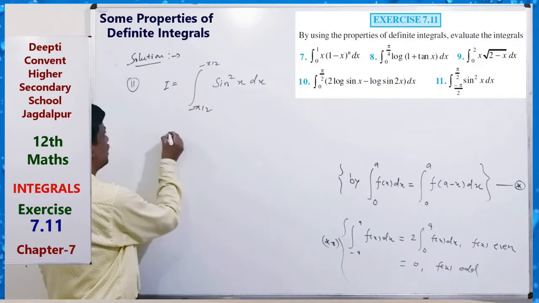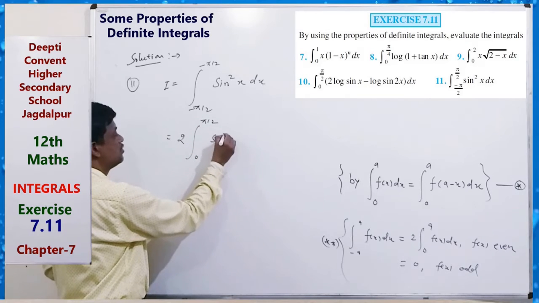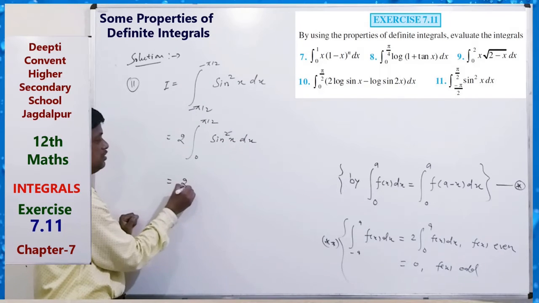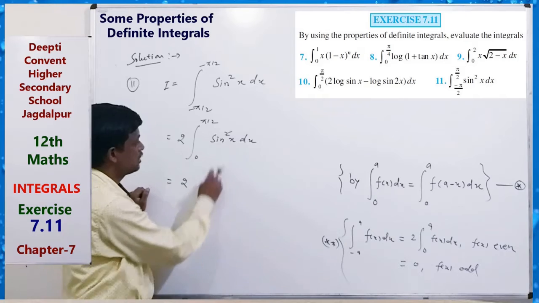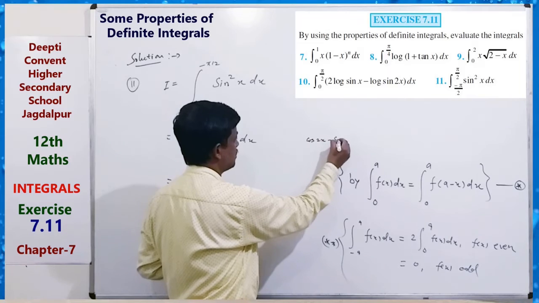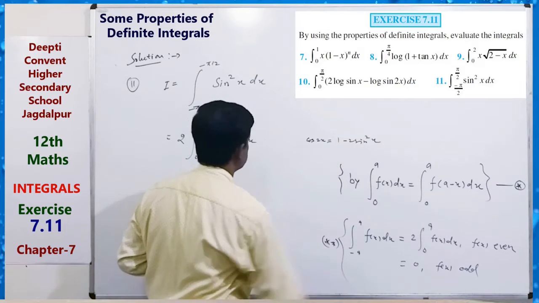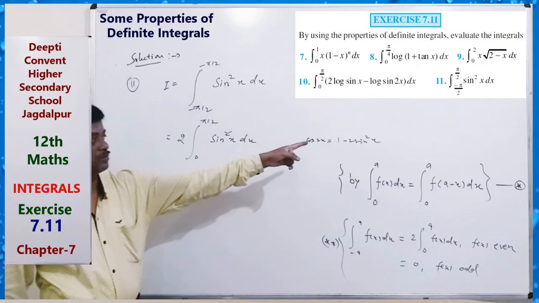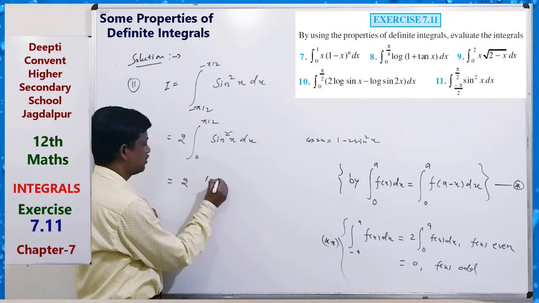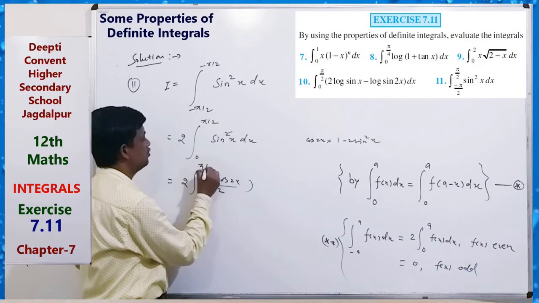by using the double star formula, it equals 2 times the integral from 0 to pi by 2 of sin squared x dx. Now we can solve it. We know cos 2x equals 1 minus 2 sin squared x, so sin squared x equals (1 minus cos 2x) upon 2. The 2 cancels, so we get the integral of 1 minus cos 2x, where integration of 1 is x and integration of cos 2x is sin 2x by 2, from 0 to pi by 2.